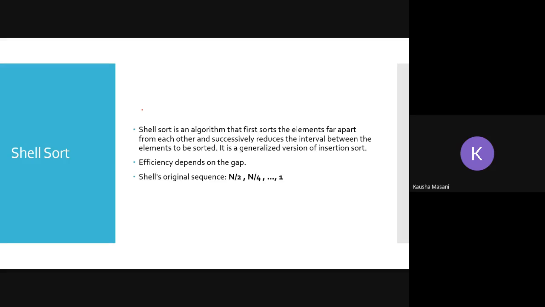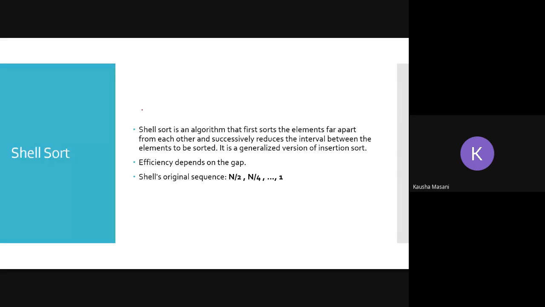See, this shell sort is, in a way, a little improvement of your insertion sort. Again, we are comparing here to find out which one and to arrange them. But this time we are fixing a distance.